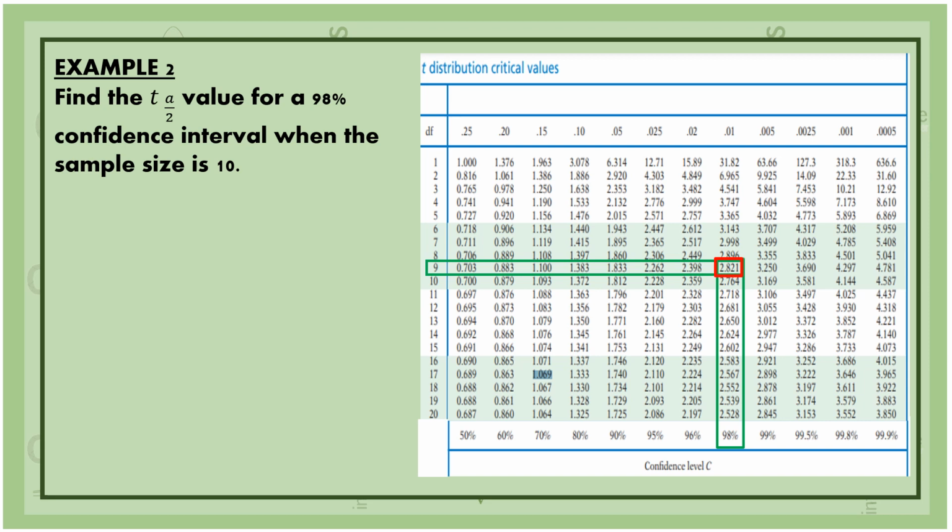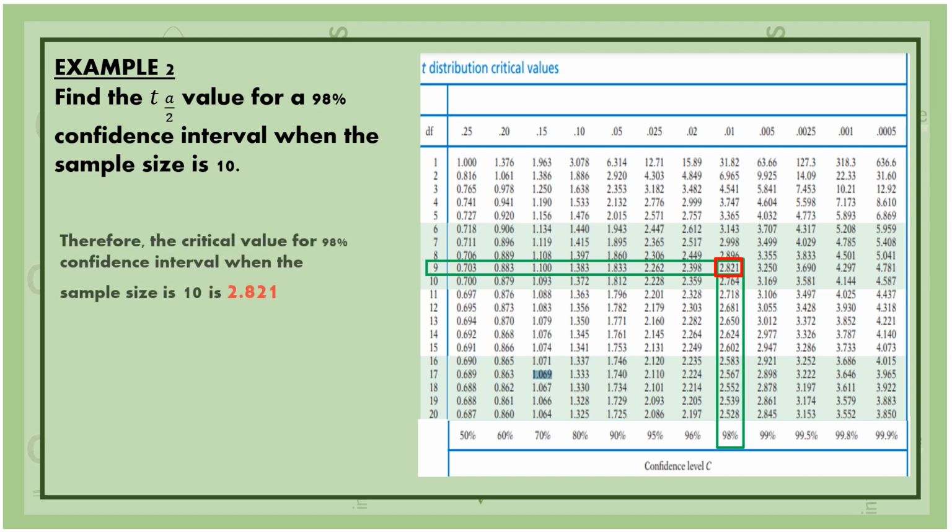Therefore, the critical value for a 98% confidence interval when the sample size is 10 is 2.821. Take note, we use t sub alpha over 2 because we are pertaining to two-tailed, which uses both positive and negative tails of the distribution.